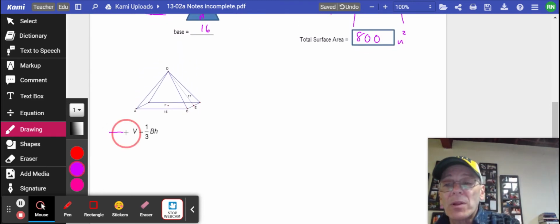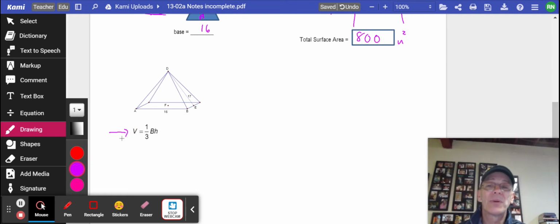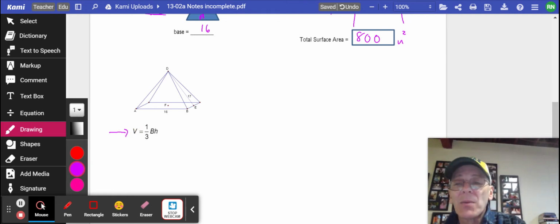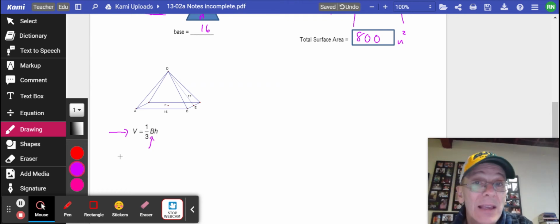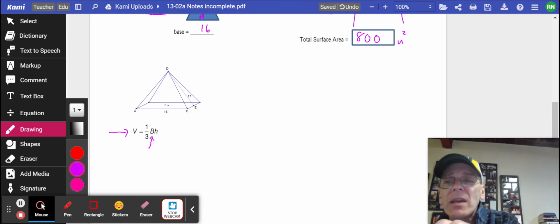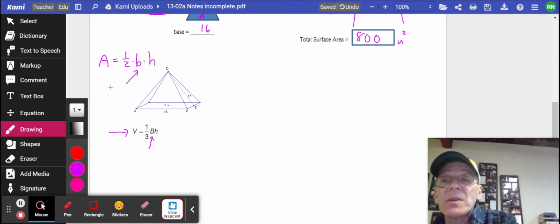Here is a formula for the volume of pyramids. I need to talk about the capital B and the lowercase h. The capital B stands for not the same thing as a lowercase b, and that's why we make it a capital B. A lowercase b, let's say we're talking about the area of a triangle. We've got 1/2 times lowercase b times h, and that lowercase b stands for the word base.